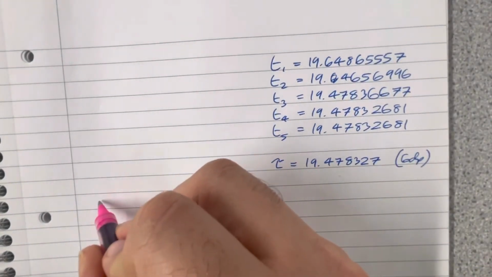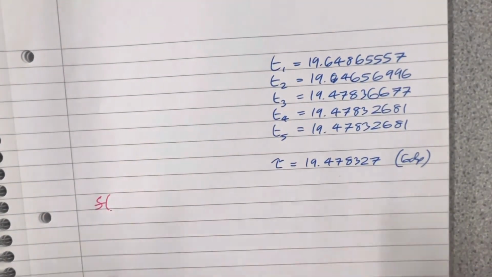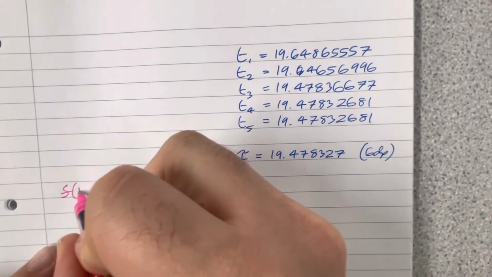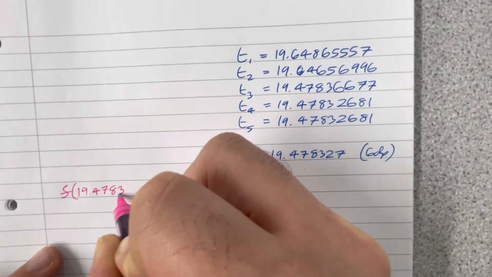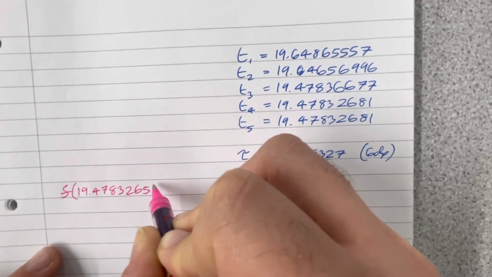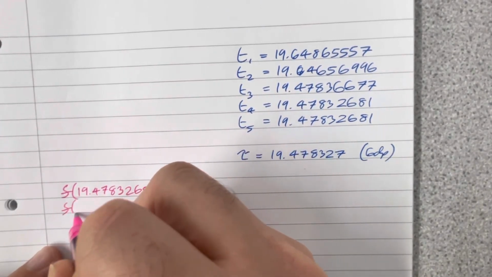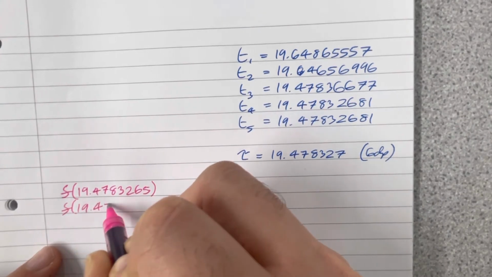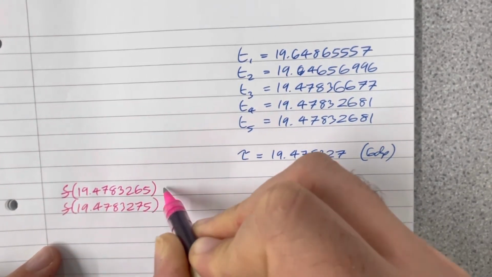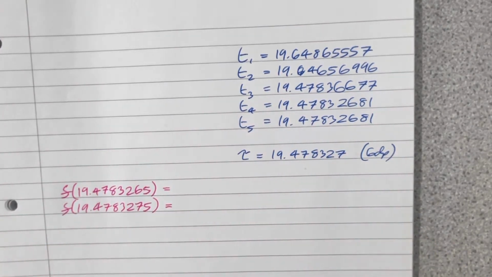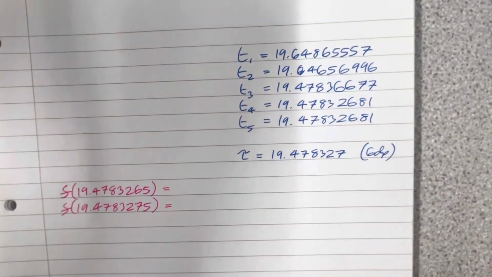So if I calculate the function value at the bounds of this, so that's 19.478325, it's the lower bound, and f of 19.478325, that's the upper bound. Every number in between those two numbers rounds to that, to 6 decimal places.